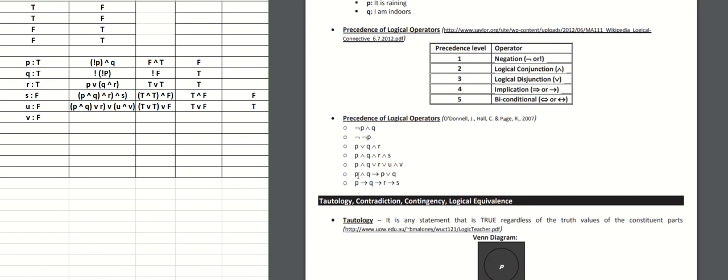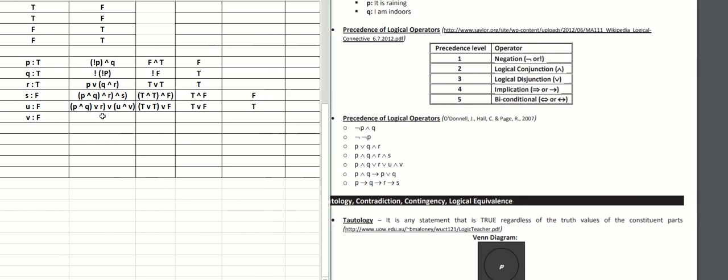We first get the truth value of the AND operator, which is P and Q. And between the implication and the logical disjunction, we get first the value of the logical disjunction or the OR operator. Therefore, we should parenthesize the P and Q and parenthesize the P or Q.